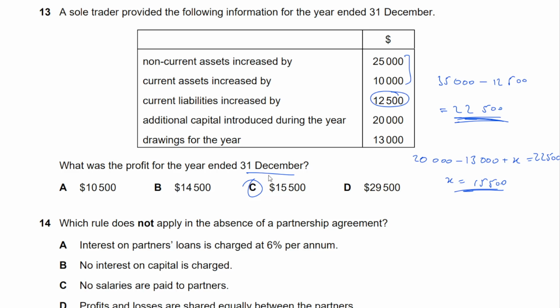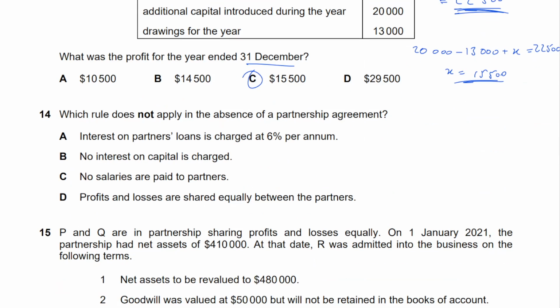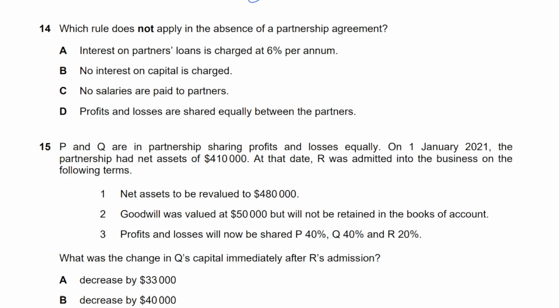Number 14. Which rule does not apply in the absence of a partnership agreement? Interest on partners' loans is charged at 6% per annum. It does not. If there is no partnership agreement, we will not do this. Such a funny question, isn't it? Of course, this does not apply. No interest on capital is charged.